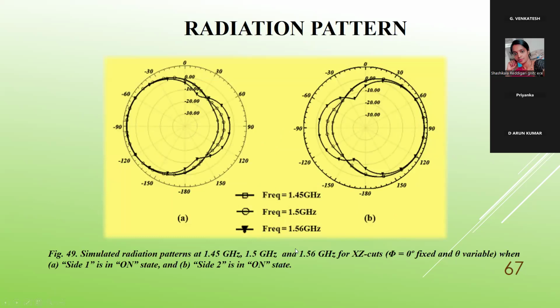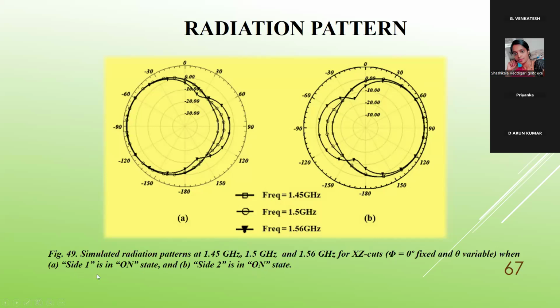They have considered 3 frequency bands: 1.45 GHz, 1.5 GHz and 1.56 GHz. One is flipped to the minus X direction, another to the plus X direction. So side 1 is in the on state, and side 2 is in the on state.